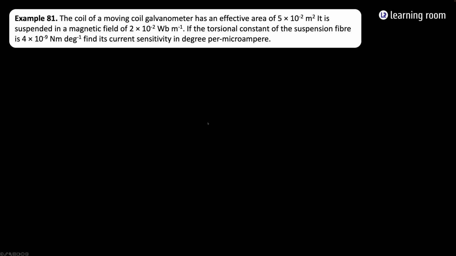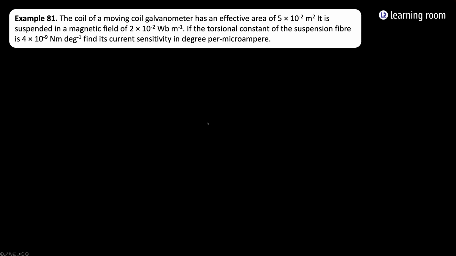The coil of a moving iron has an effective area of this much, in degree per microampere. One is the effective area, you can take it as one. 0.4 into 10 to the power 5, 25.